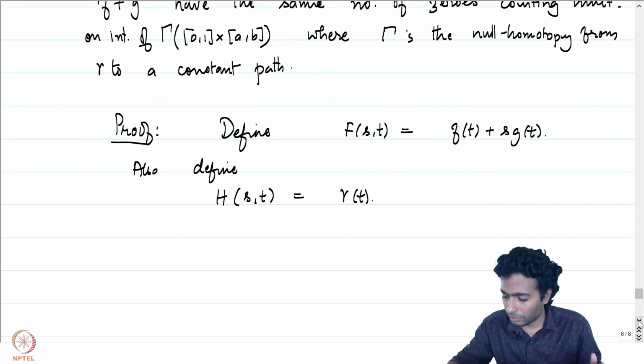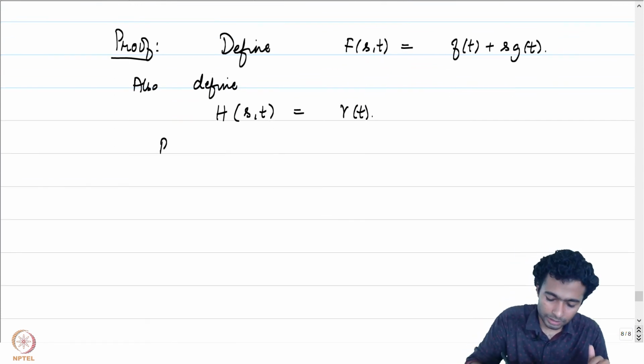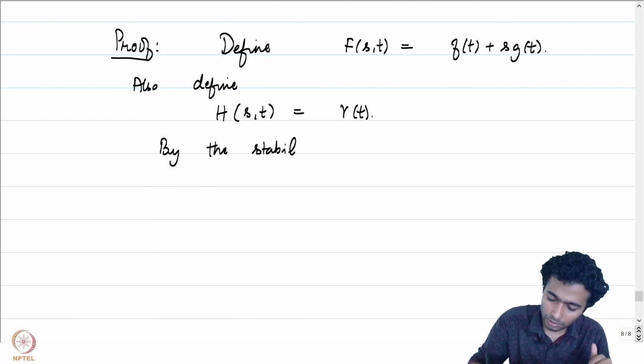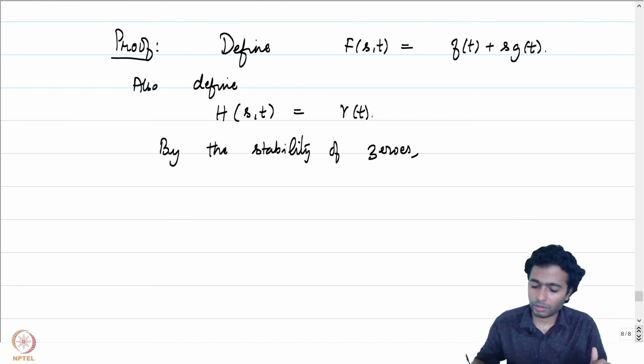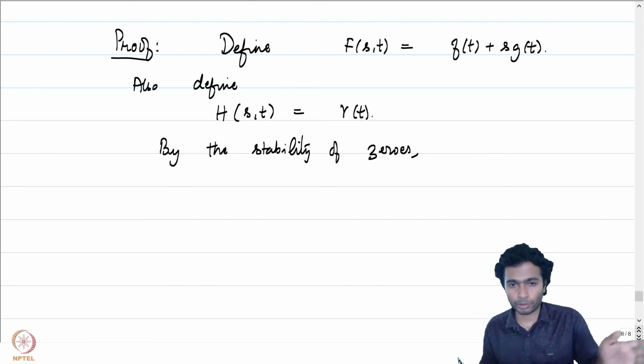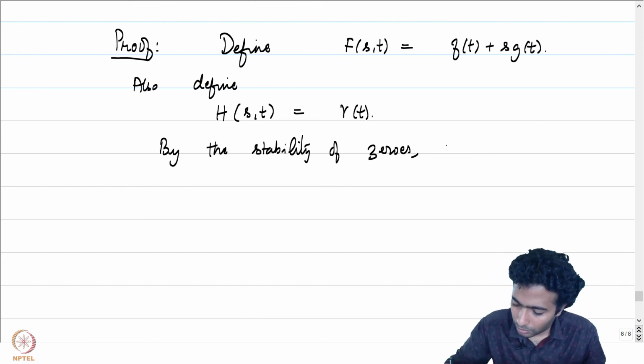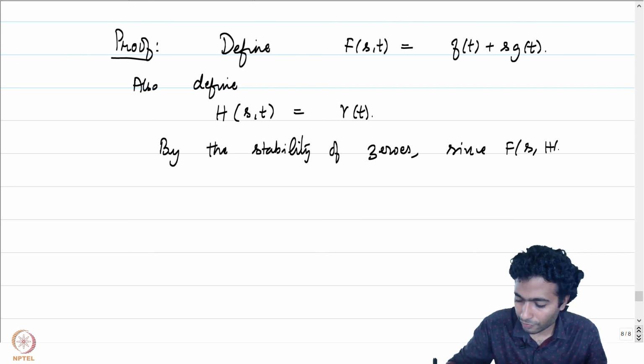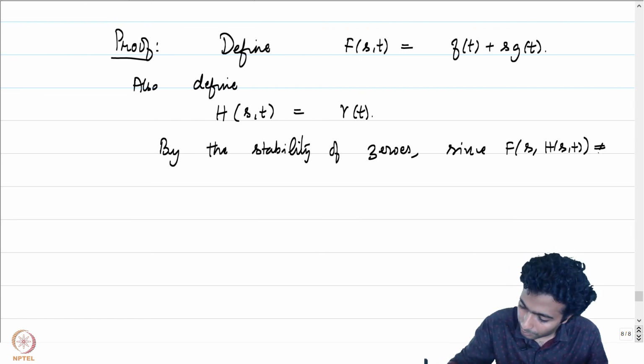And now if we are to apply the stability of zeros, you can note that F of s comma H of s comma t is not going to be 0, since f plus s g is not equal to 0 on gamma.